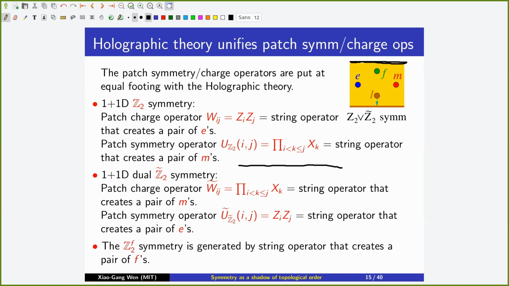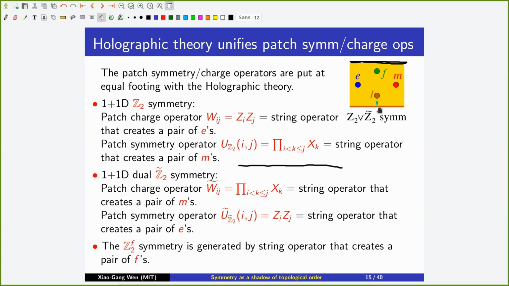What I'm trying to say is the following. Here we think of a system with a bulk, given one boundary. This point of view is like considering the boundary while ignoring its lattice cutoff, ignoring this 1D system, and just viewing it as a low energy effective theory, as a local theory.